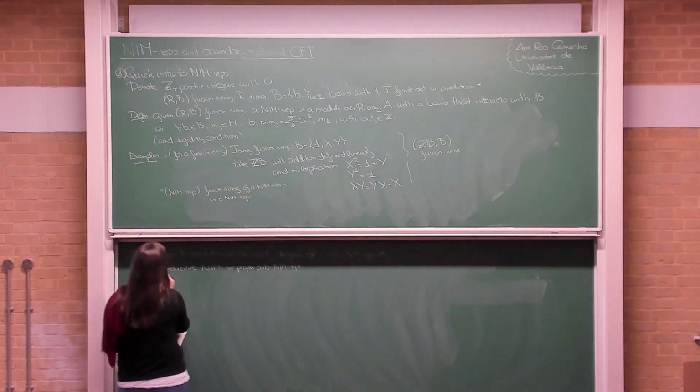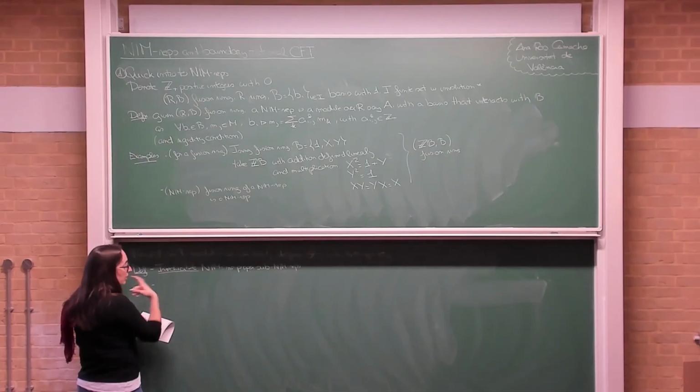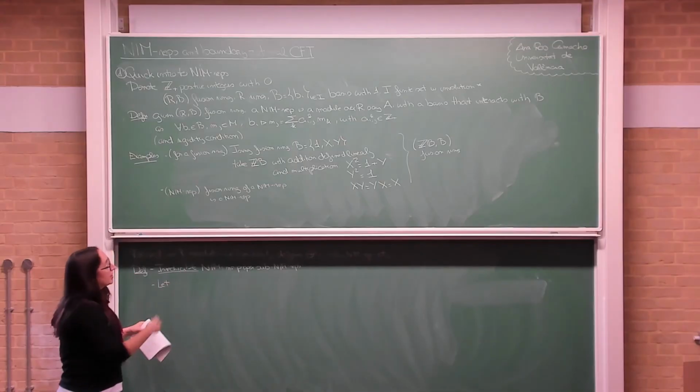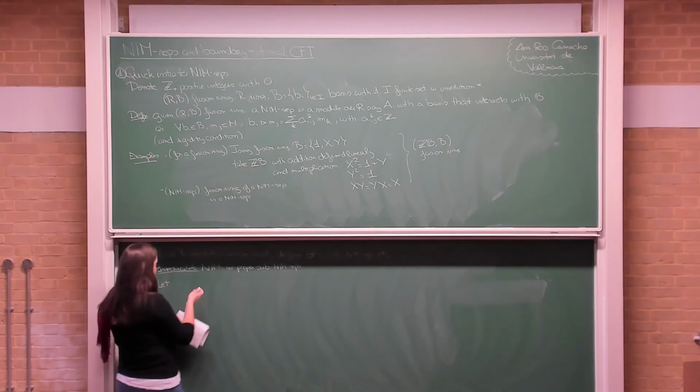And that's one. Then I want to define how to connect NIM-reps with each other. So how do we define an isomorphism?